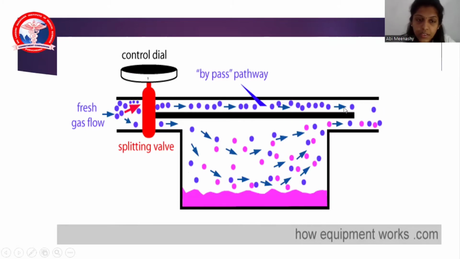Here is your isoflurane. Just consider this is your isoflurane. Your nitrous and oxygen get saturated with the isoflurane and come out like this. So the gas from the bypass chamber will get mixed with the gas from the vaporizing chamber. You need to know that this is the bypass chamber, and this is the vaporizing chamber containing your liquid anesthetic agent.